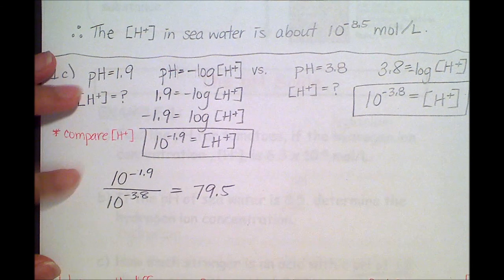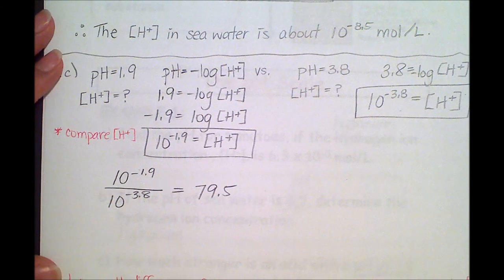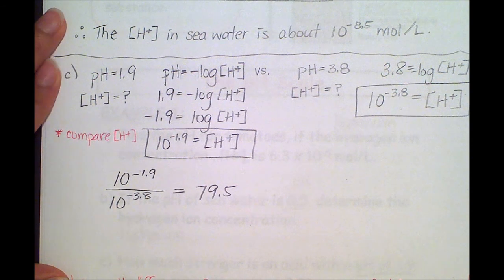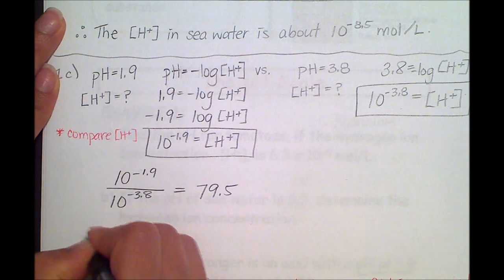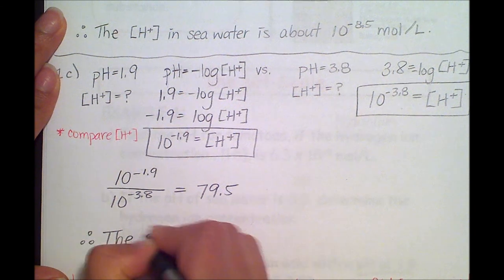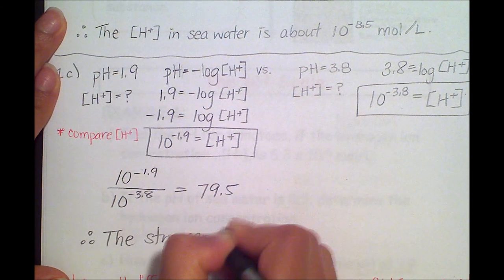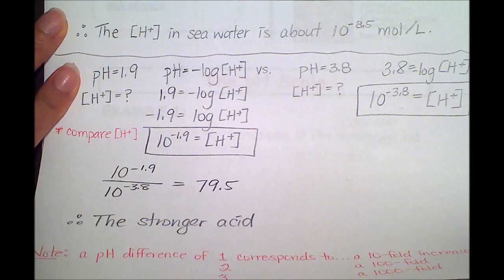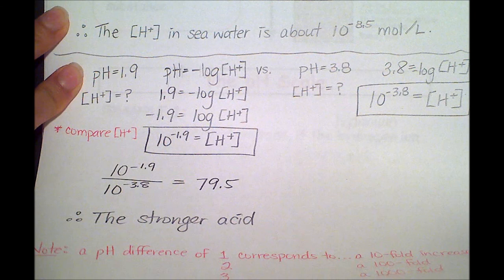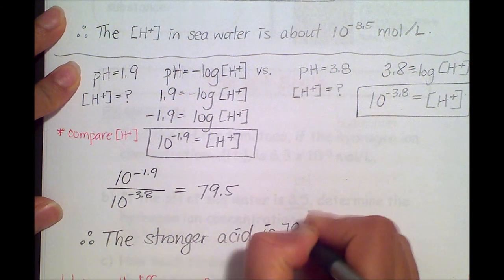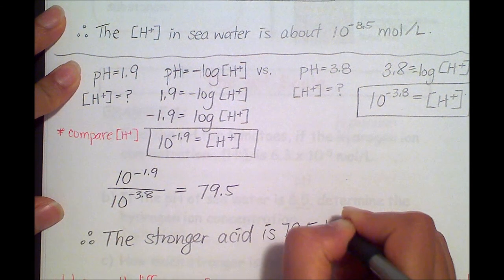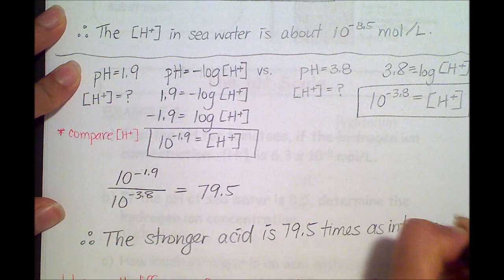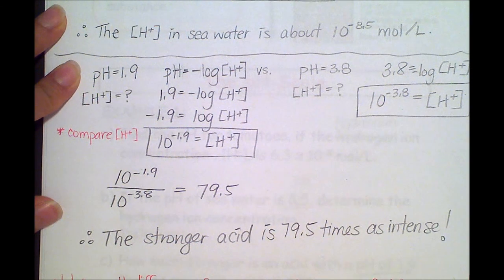Okay, so what that means is that the stronger acid is 79.5 times as intense as the less strong acid. Okay, so that's how much stronger it actually is.